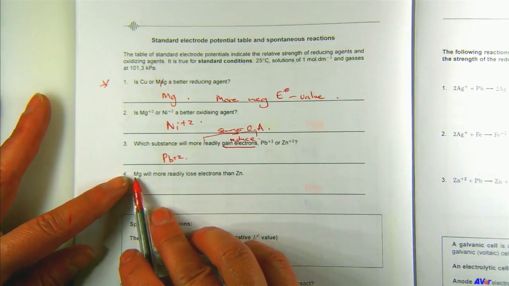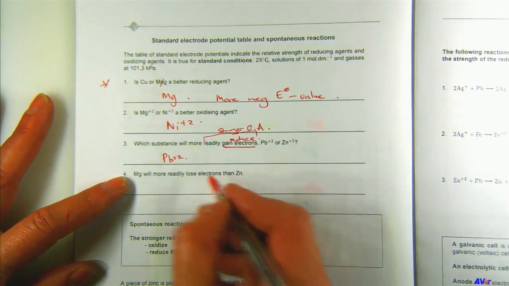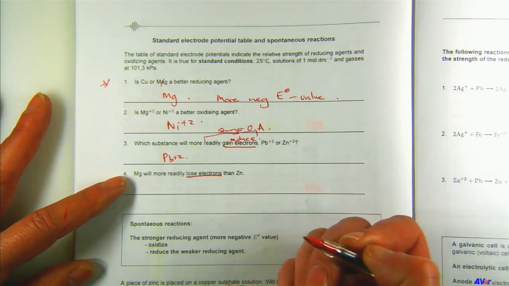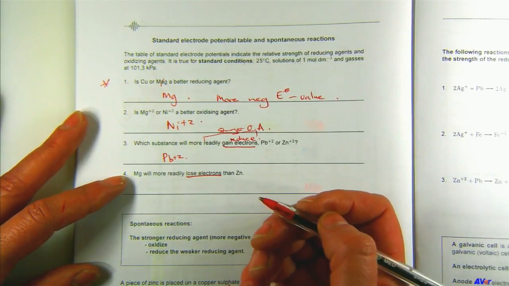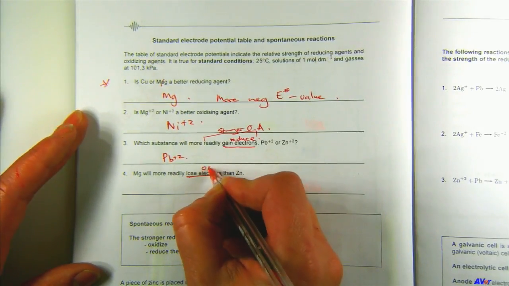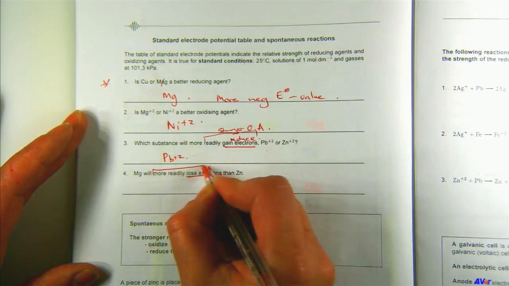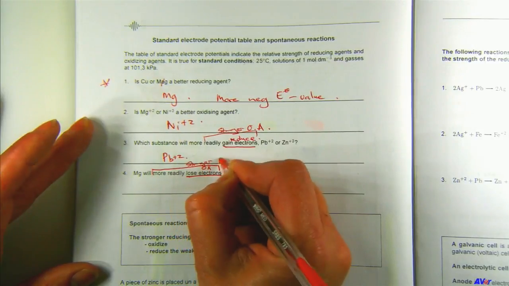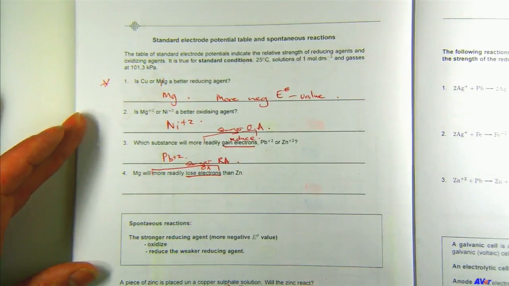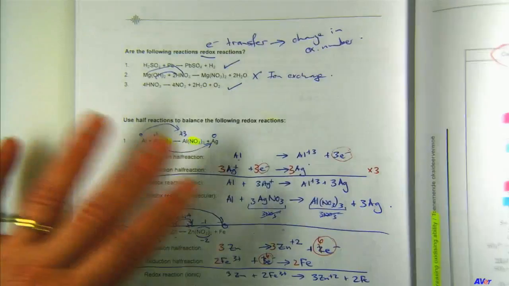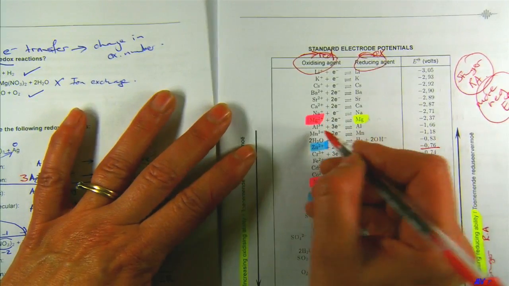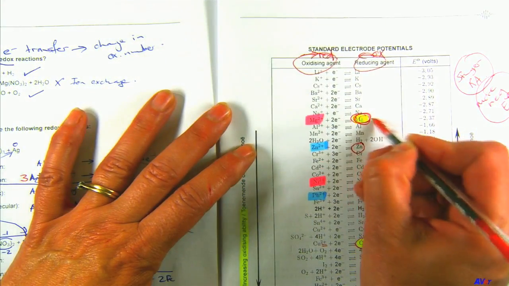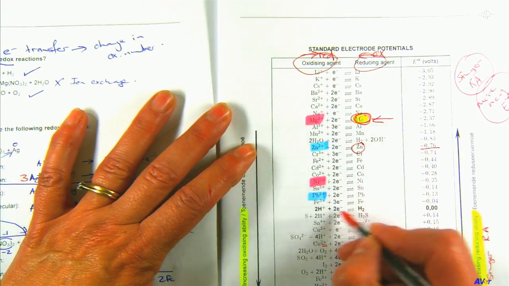Next one, magnesium will more readily lose electrons. Give me a scientific word for lose electrons. Oxidize. If you more readily oxidize, it means you are the stronger reducing agent. So then we're going, magnesium and zinc. Where do you have magnesium and zinc? We've seen them already. Magnesium over there and zinc over there.